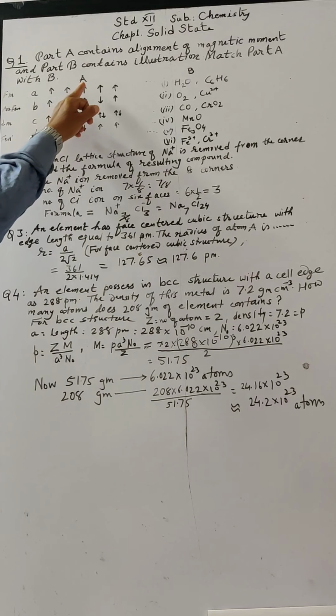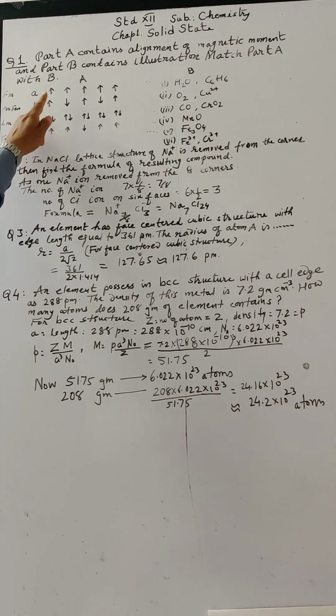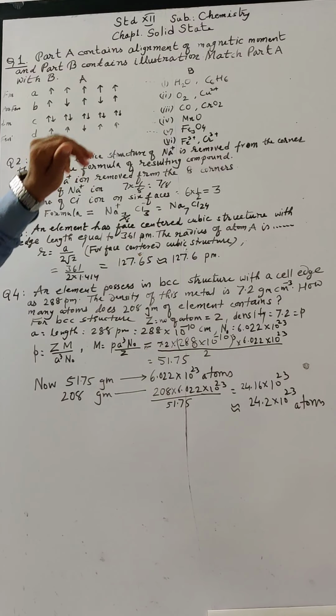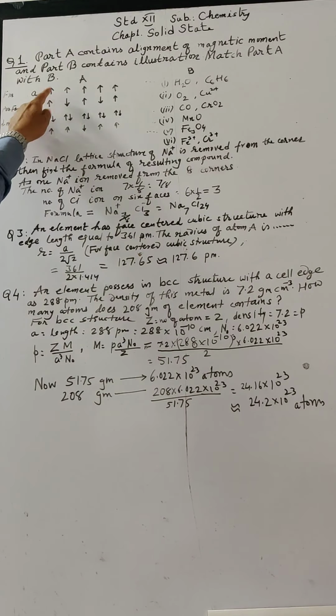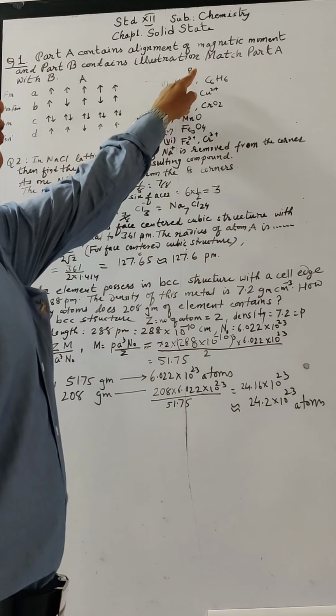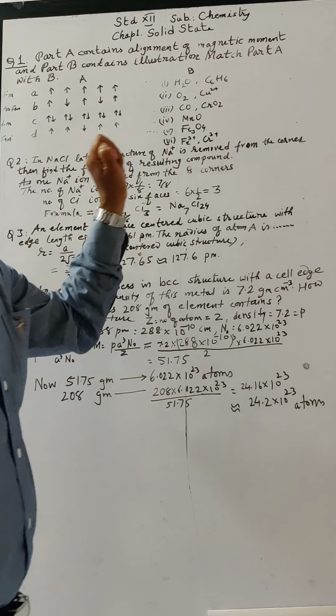Here in part A there are alignments of the magnetic moment of different substances, and in group B illustrations are there.